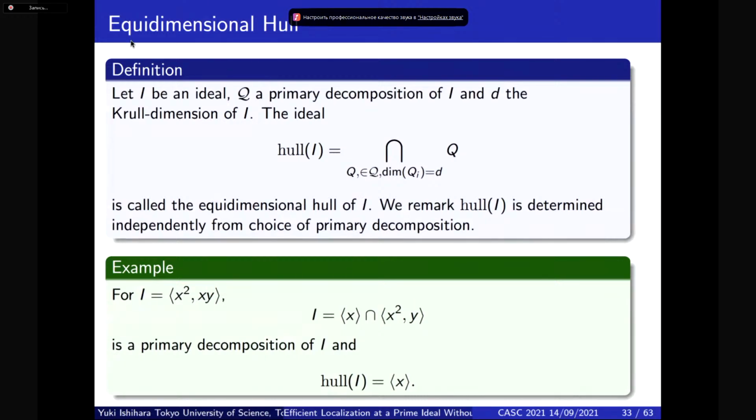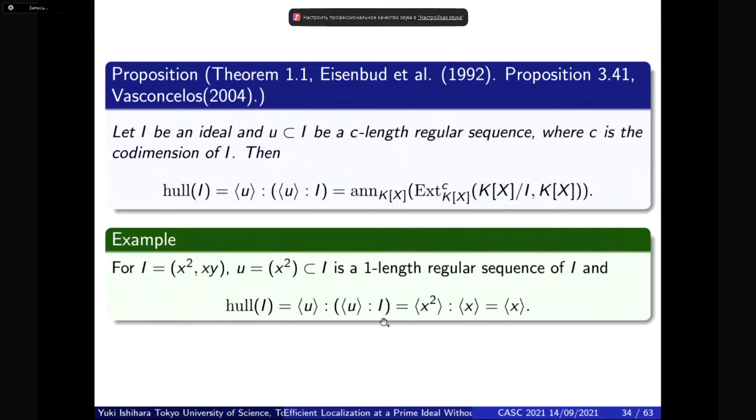For example, the equidimensional hull of I is just x, since x has the same dimension as I, which is one-dimensional in this case. And we can compute the equidimensional hull of I by using the double ideal quotient with an analytic extension x2.